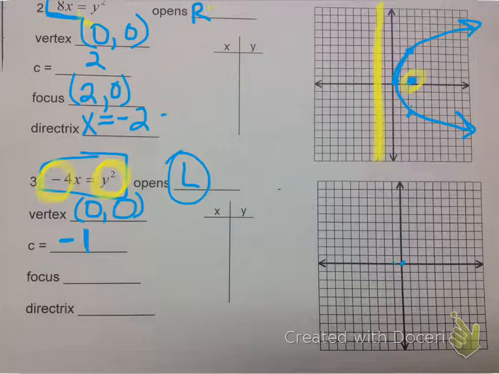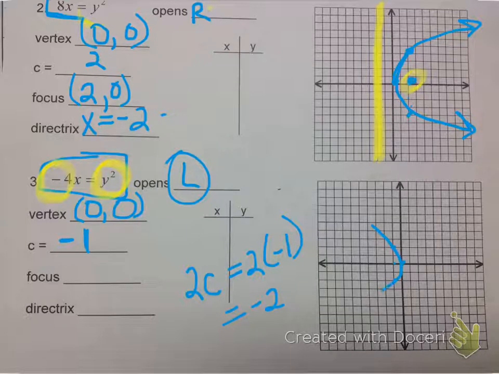And then if c is -1, then 2c is going to be 2 times -1, which is -2. Now, really, we're not that worried about the negative, because we just need to know that we're going to go 2 units up right here, and 2 units down right here, and then I'm going to connect those points to have my parabola. So it'll be a lot easier with a pencil.